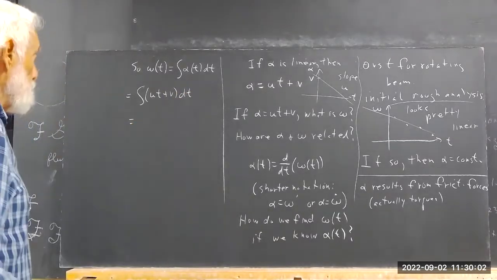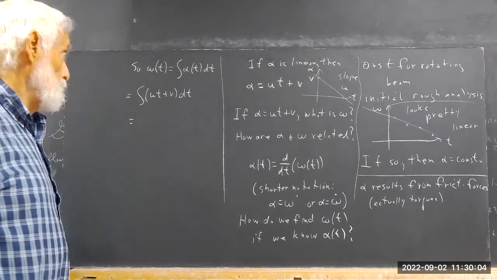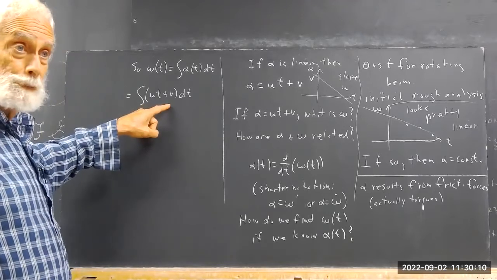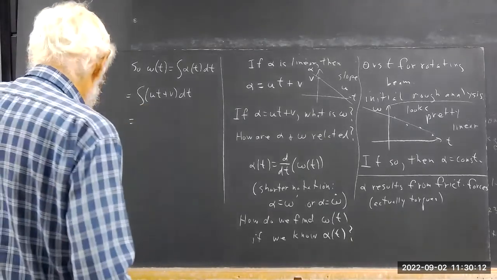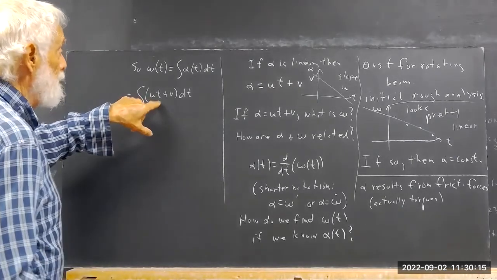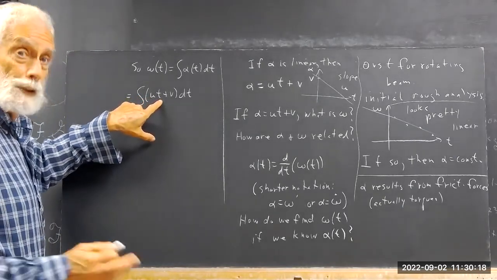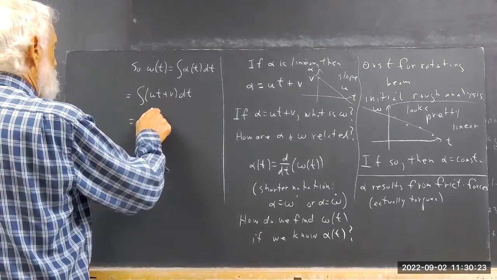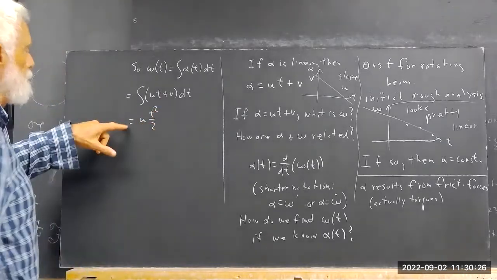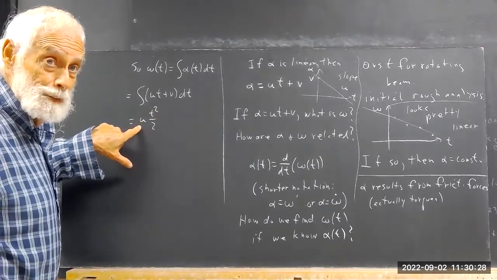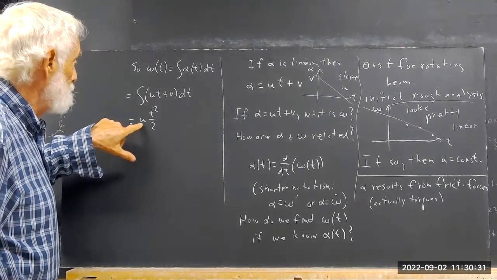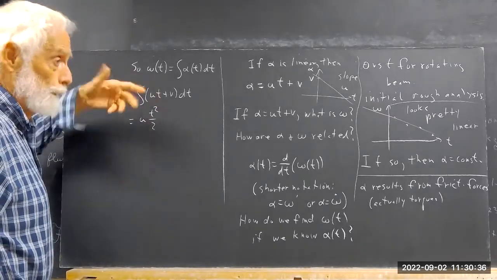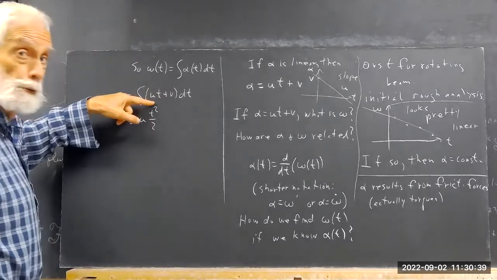If you're rusty in your integration, it's just the general function whose derivative is this. Now, what function has a derivative that's equal to t? t squared over 2. So you're going to get u times t squared over 2, because if we take the derivative of this, u is just a constant. So we just have the u multiple of the derivative of t squared over 2. The derivative of t squared is 2t, divided by 2, you get t, so you get ut.